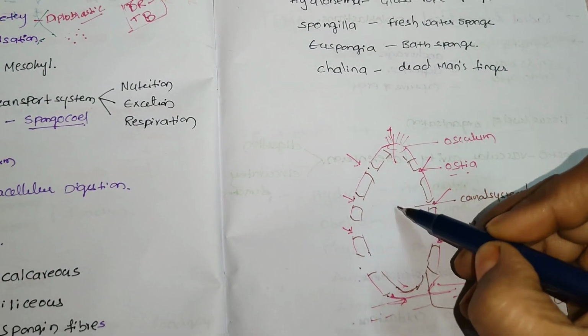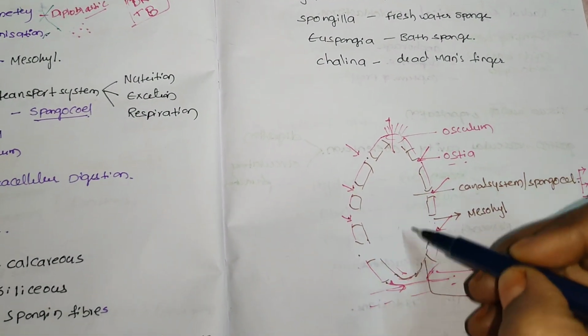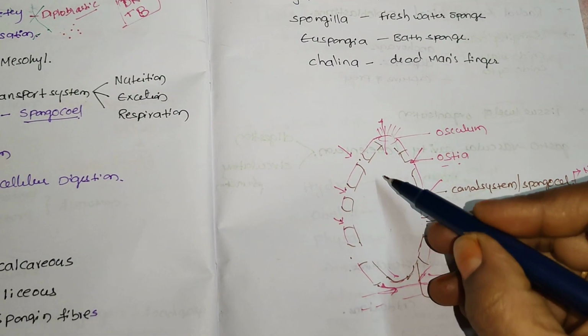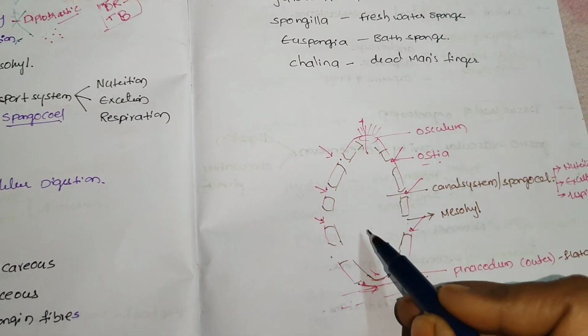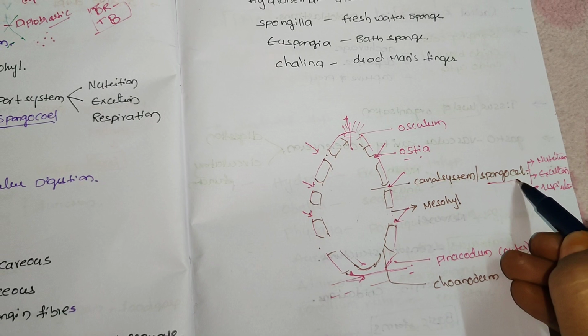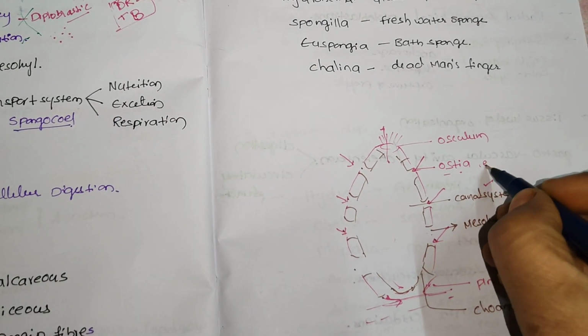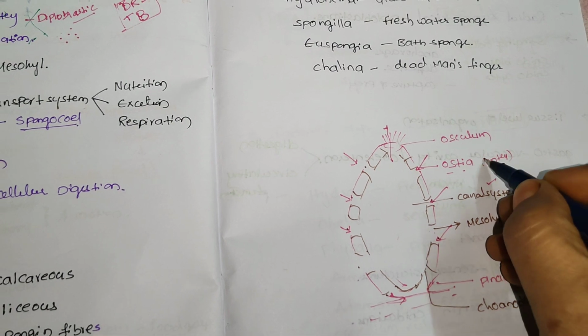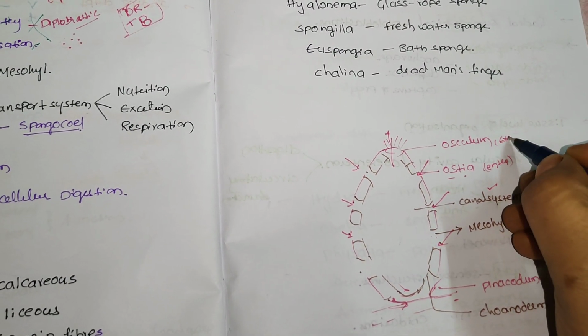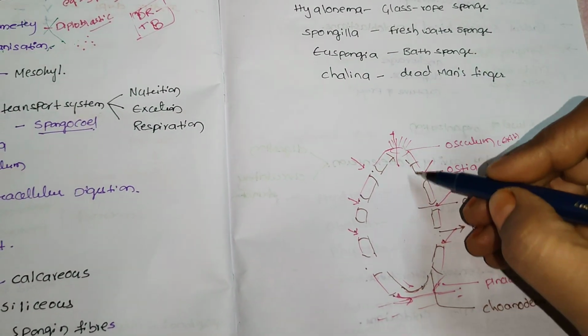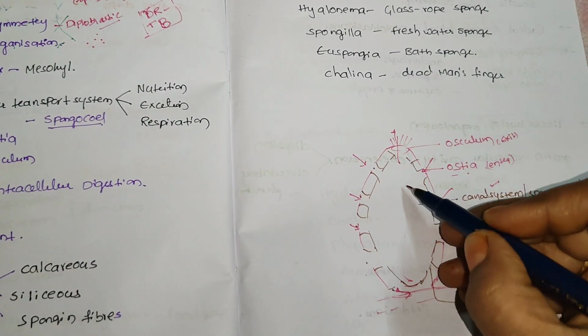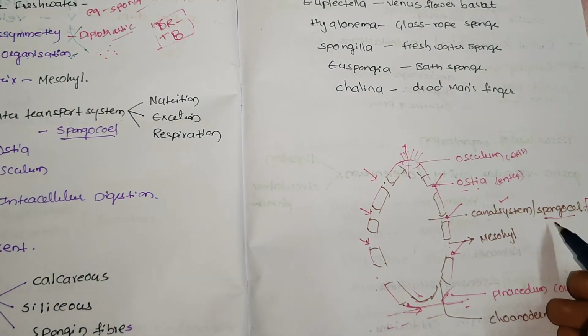Water enters through the ostia into the spongocoel, the middle cavity, which acts as a canal system. Ostia are like the entry point and osculum is the exit; the water exits through the osculum. This part is called spongocoel.